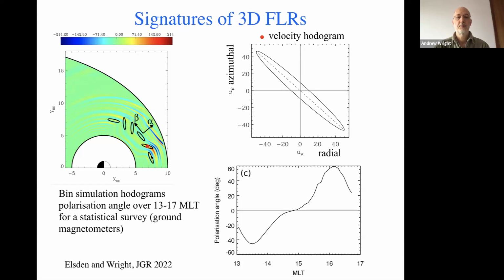So if you have particles drifting along azimuthally, radiation belt particles, they're not going to interact strongly with an Alfven wave polarized like this, because the electric field is perpendicular to their drift direction. But when you come to this sort of field line, when they drift through here, they're going to see an azimuthal electric field, which doesn't exist in this case.